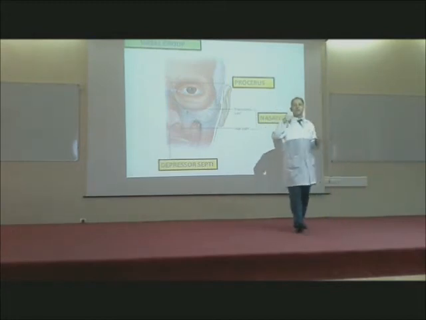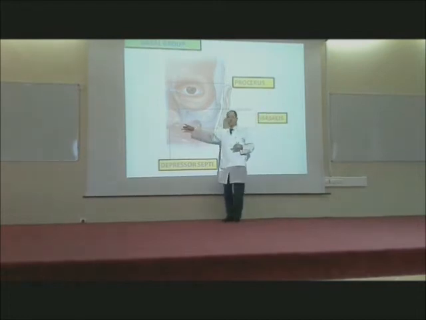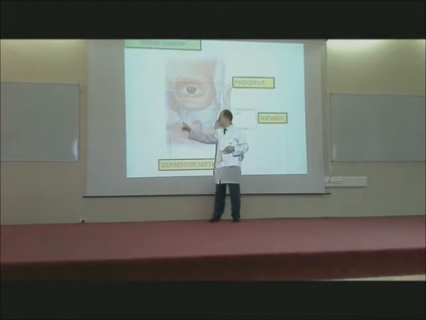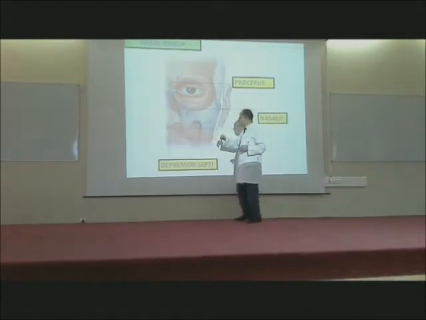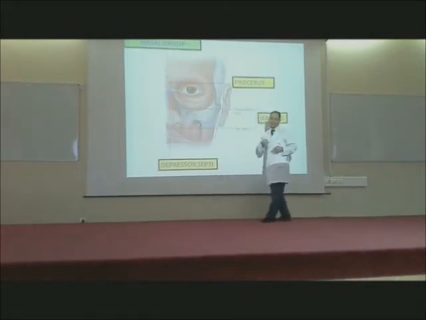The external nose is formed by nasal cartilage, the movable part of the septum, and the lateral nasal cartilage. That small part is named the ala of the nose. That's why this part is named the alar part of the nasalis muscle.